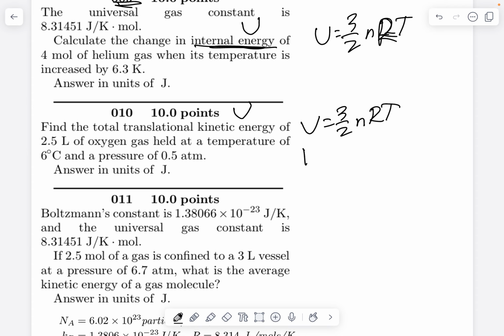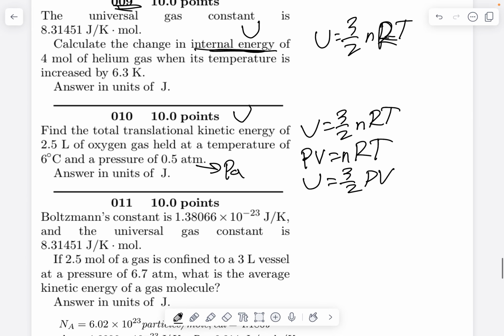So the ideal gas law, PV equals nRT. Since PV equals nRT, we can substitute the whole thing nRT with PV. So U is equal to 3/2 pressure times volume. And then you can just plug that in and solve for U. The only thing you have to be careful about, again, is that we want our pressure in pascals, so turn that ATM to pascals.